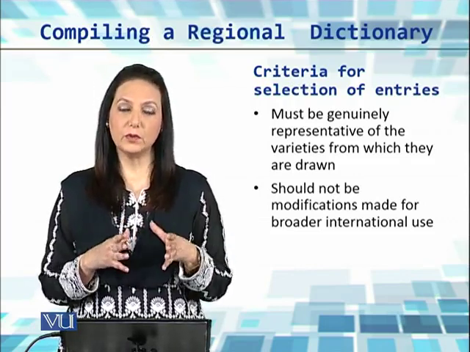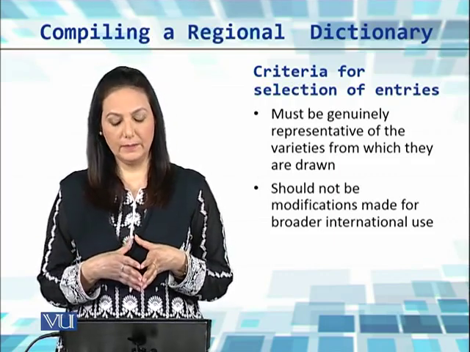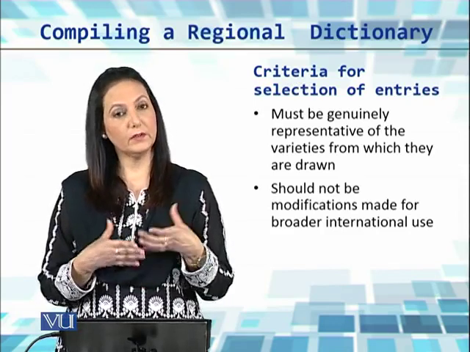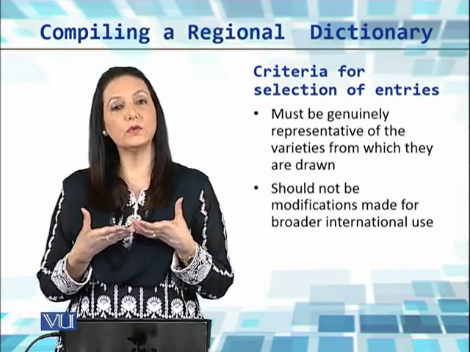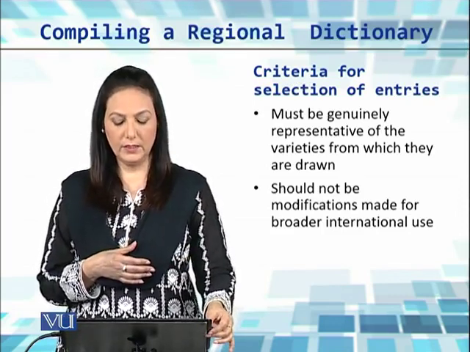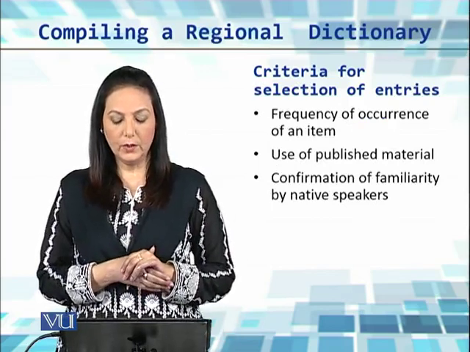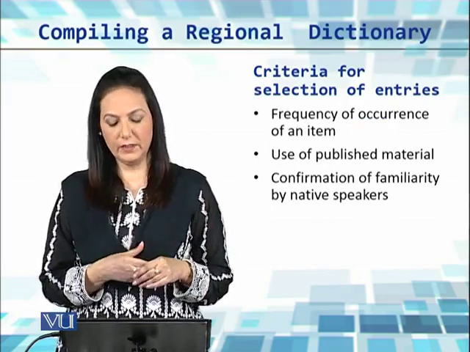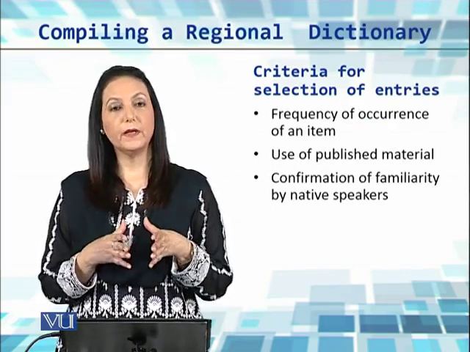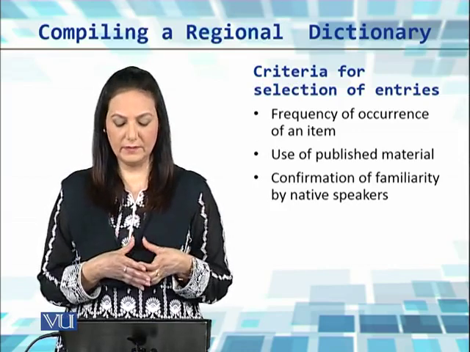So one must make sure that an entry is used frequently enough to be selected for a regional dictionary. So, along with the frequency of occurrence and use of published material, one can also depend on the users themselves.